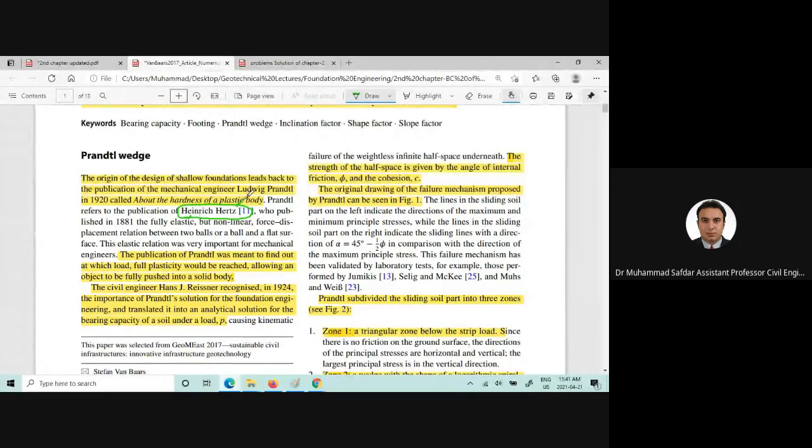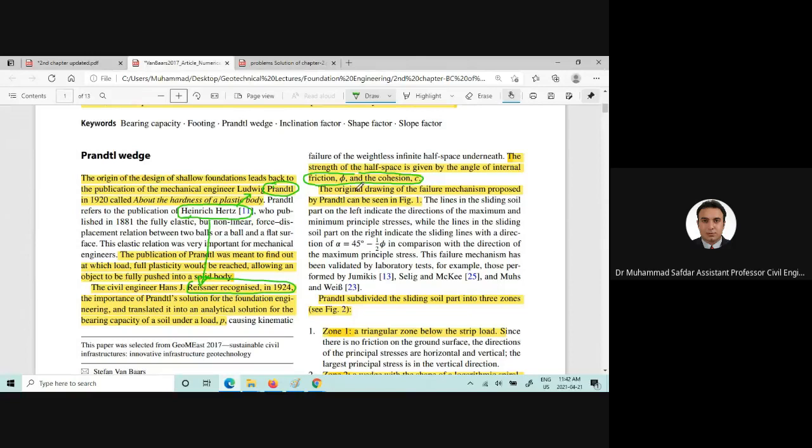Then it was studied by Prandtl, then it comes to Reissner, and then it comes to Terzaghi's work.